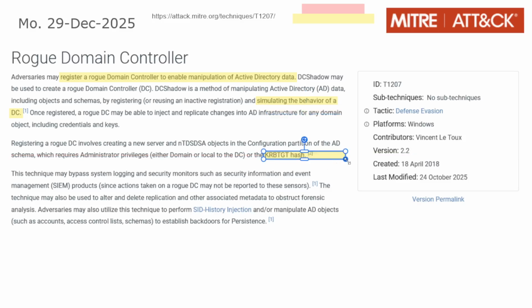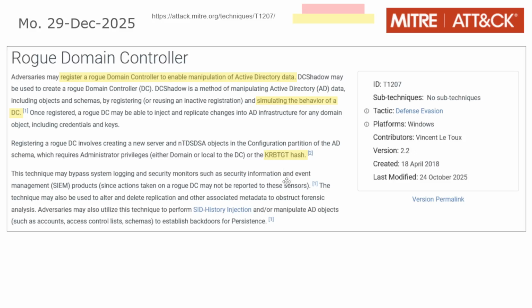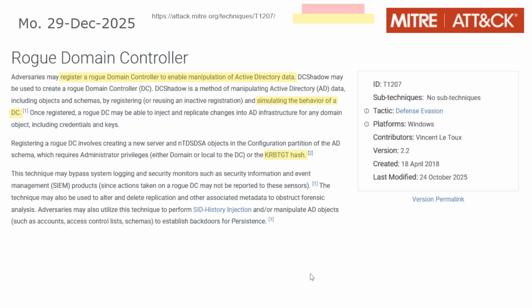I have no clue what these letters mean, but it's something Kerberos. Does it mean Kerberos golden ticket, GT? Something like that, okay? But this is just abusing the Windows Kerberos security system.